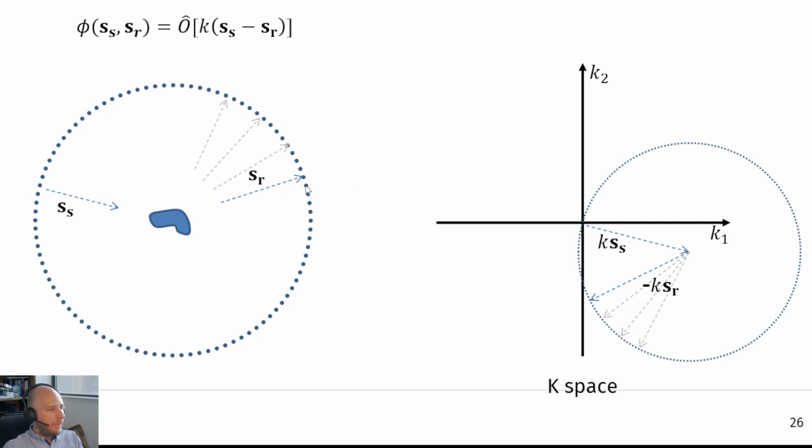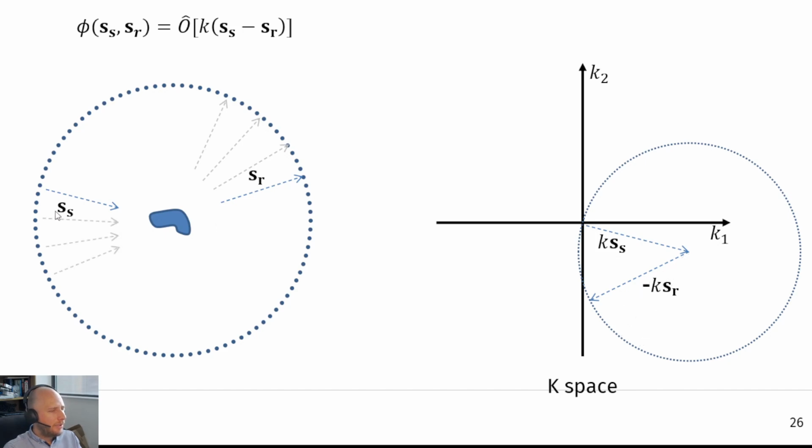Now, as we extend the receivers all the way around, we get 360 degrees, so we end up with a circle in K-space. The radius of this circle will be given by K, because SS and SR are unit vectors. They're just describing directions for the source and receiver. So that's where you get this particular circle from, which goes through the origin.